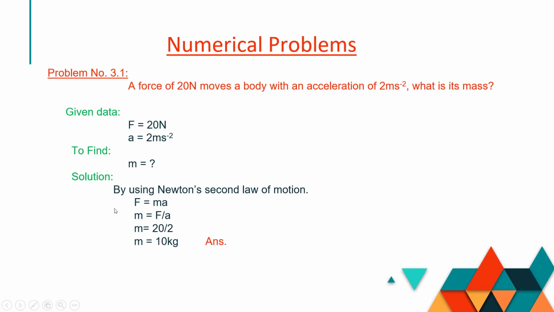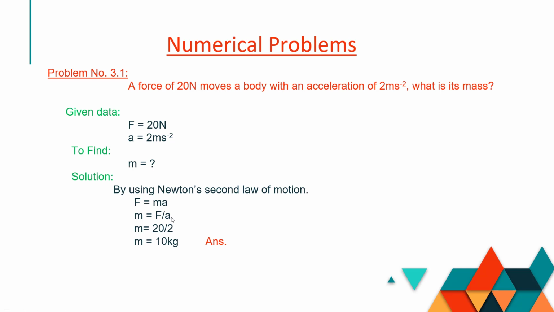Solution: by using Newton's second law of motion, we have F is equal to ma. As we have to find out the mass of the body, so we will rearrange this formula and we have m which is equal to force per unit acceleration.